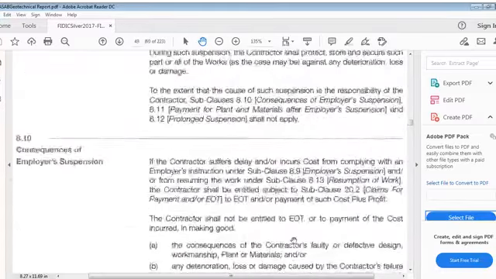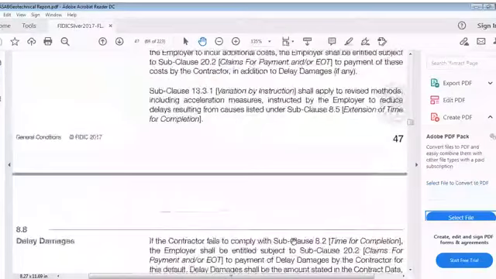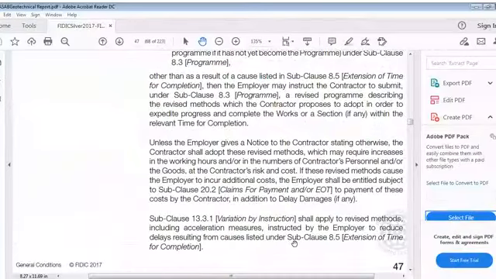So in this we will discuss these very important articles or clauses, as we call them.